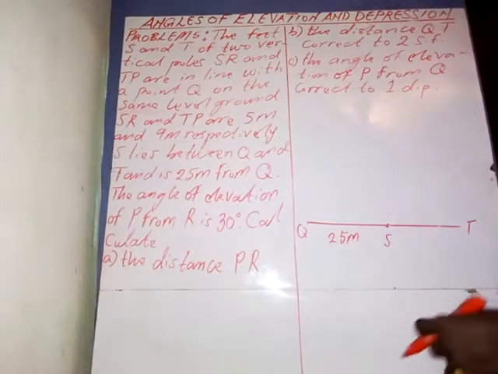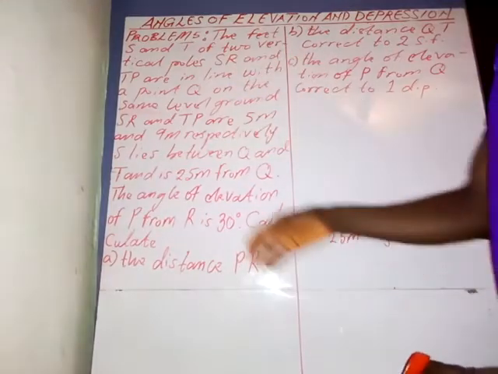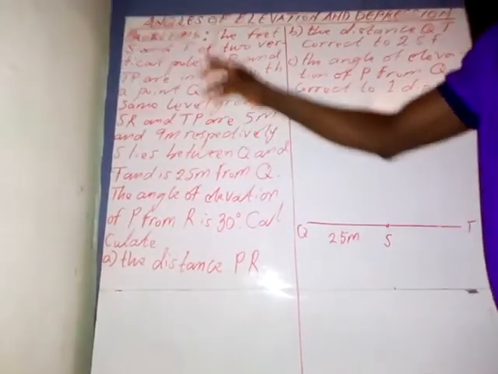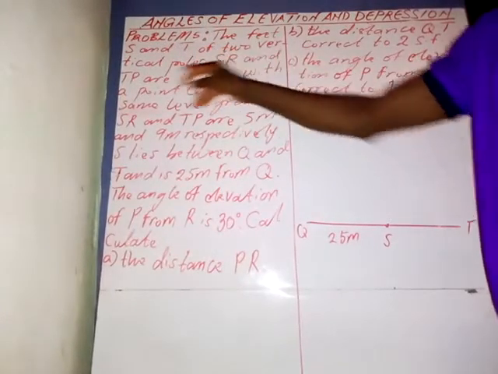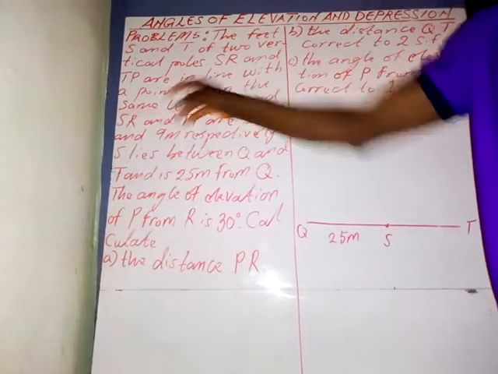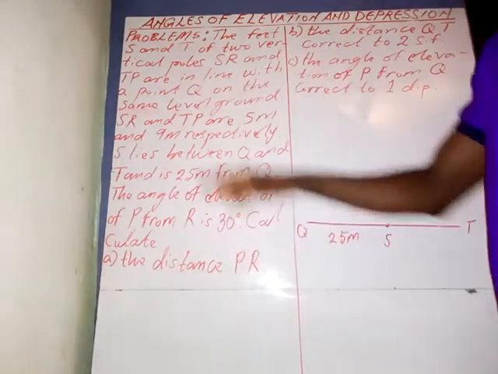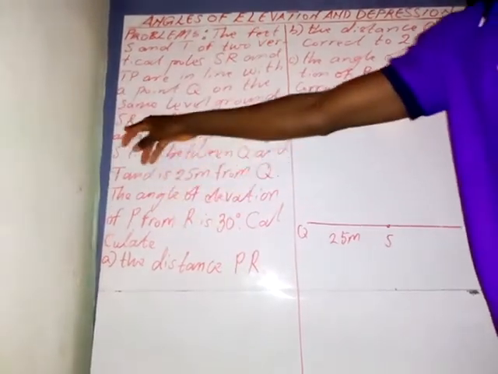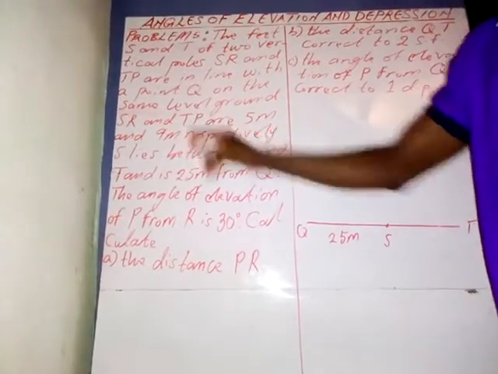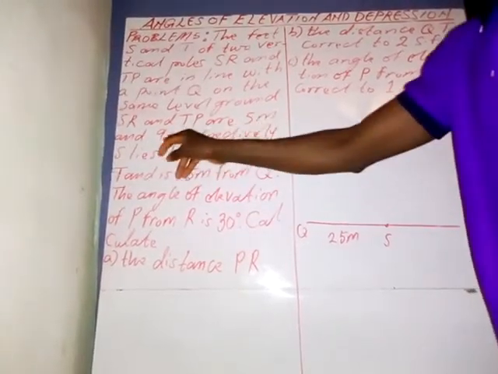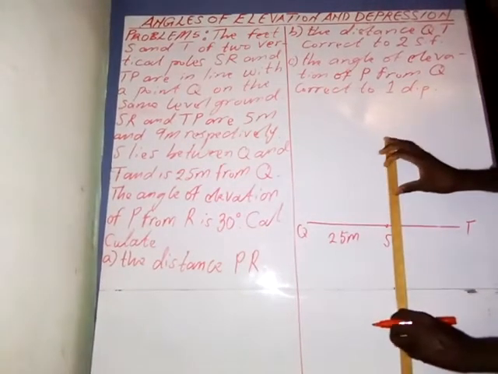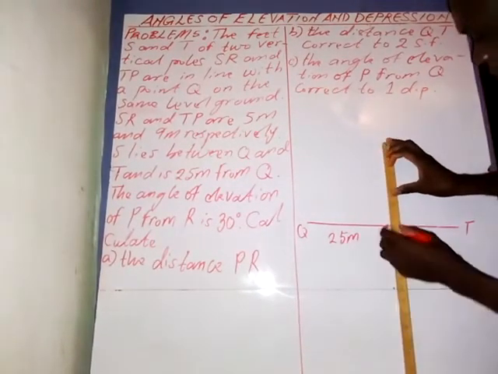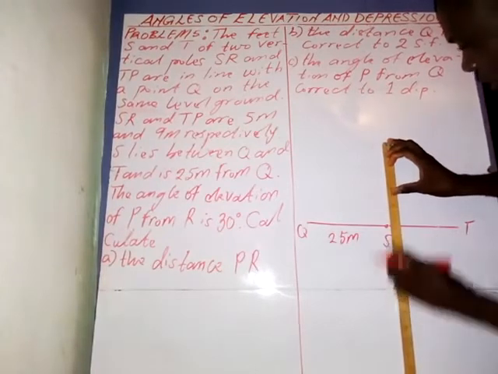Alright, then let's look at what we have here. So we have that the two vertical poles SR and TP are in line with point Q on the same level ground. We have done that already. So SR and TP are 5 meters and 9 meters respectively. So pole SR, I'm going to put it here.